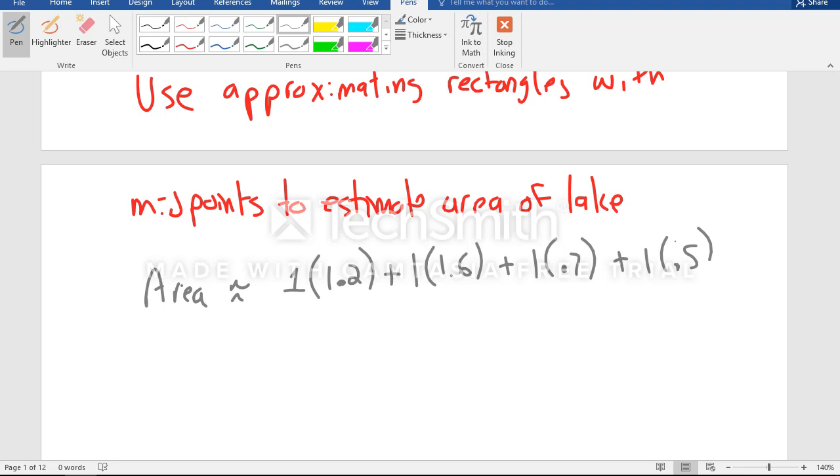All right, that would add to give me 4. Absolutely. So then the area here is approximately 4. Now keep in mind, we have 1 mile, 1.2 miles, so we have square miles for our estimated area. So there's a quick example of how we might use areas between curves in an application.